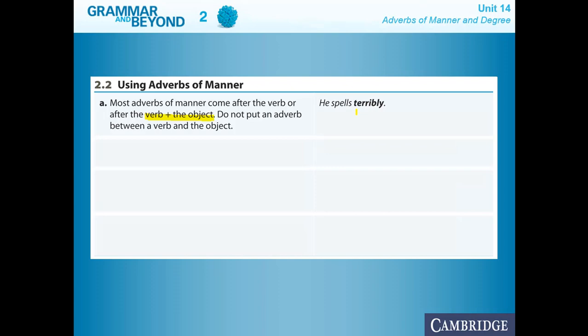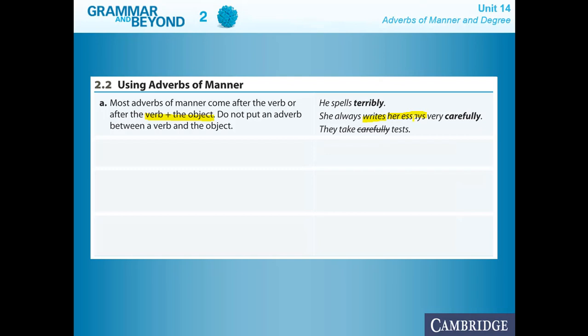He spells terribly. Or she always writes her essays very carefully. In here we have this pattern. We have a verb and we have an object. In this case, a direct object, right? She always writes what? Her essays, direct object.